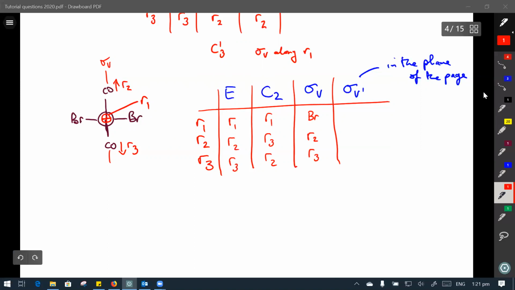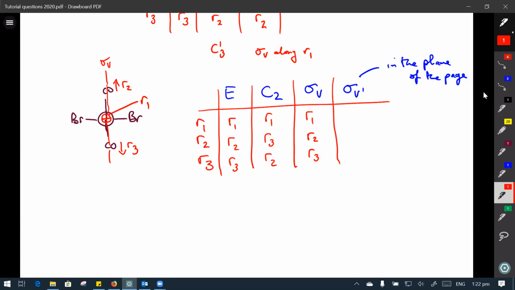Sorry, just checking something there. Oh no, sorry, I'm being an idiot. Sigma V is all the way through here. Sorry, I got ahead of myself there. So that also includes R1. So they all stay the same. Is that clear?